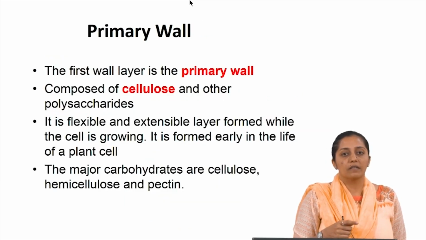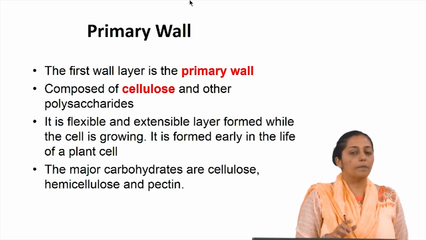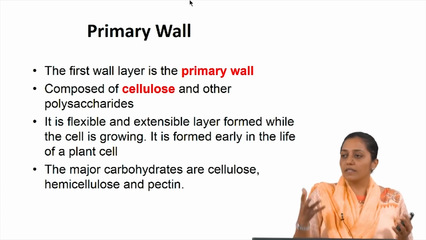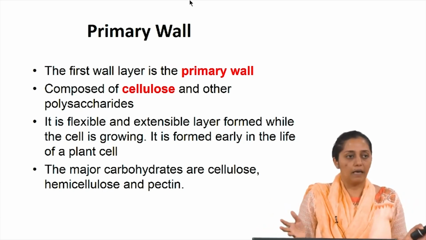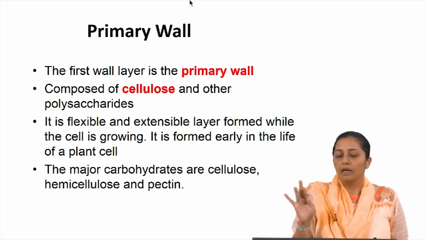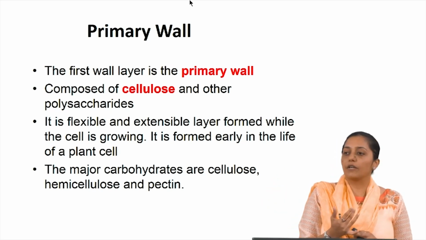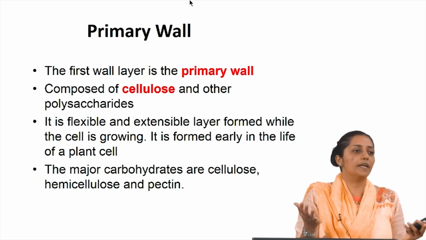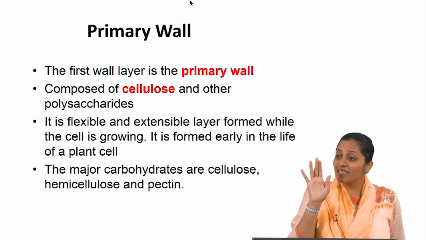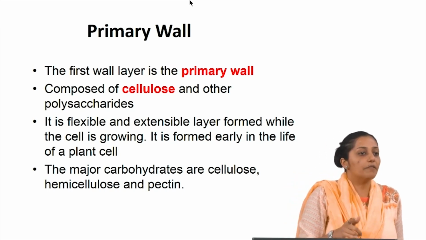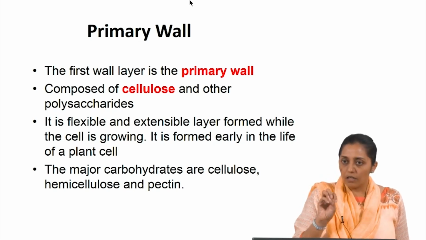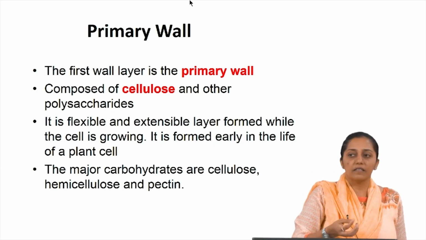And cellulose, if you see, the primary cell wall is generally present in all plant cells. Secondary cell walls are the ones which not all plant cells will have. Now this primary cell wall, what is the function of the primary cell wall? It is to provide protection and support to the plant cells. But it is still flexible in nature. Why flexible? Because these plant cells are still growing. Once they are young, they still need to grow.